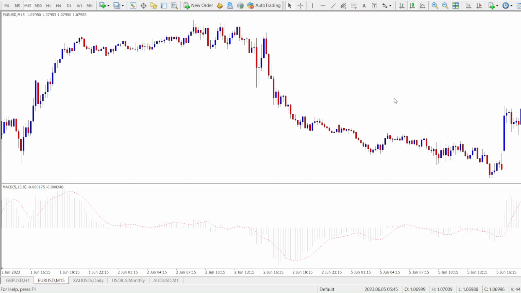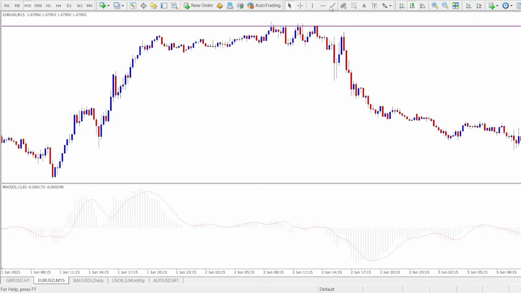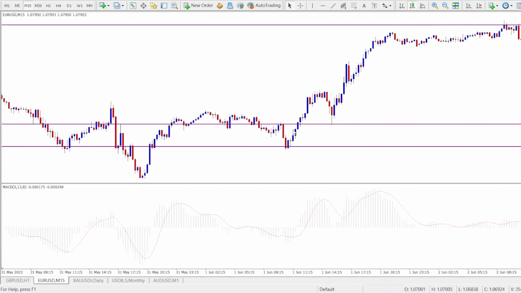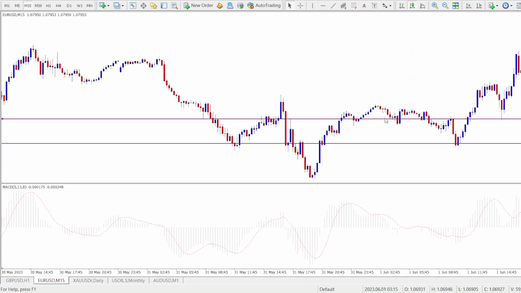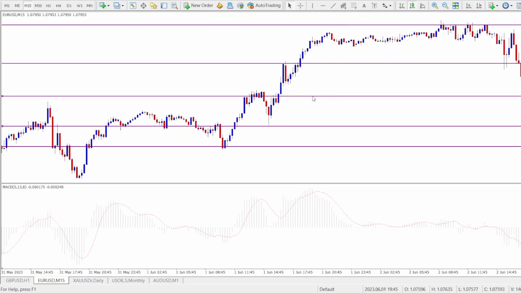Okay, and now you can also use this in combination with price action, support and resistance levels, or other indicators to confirm your trade. It's important that you set support and resistance levels. That can help you to know when price is about to reverse, because when price gets to a support zone or a resistance zone, those are potential reversal points.